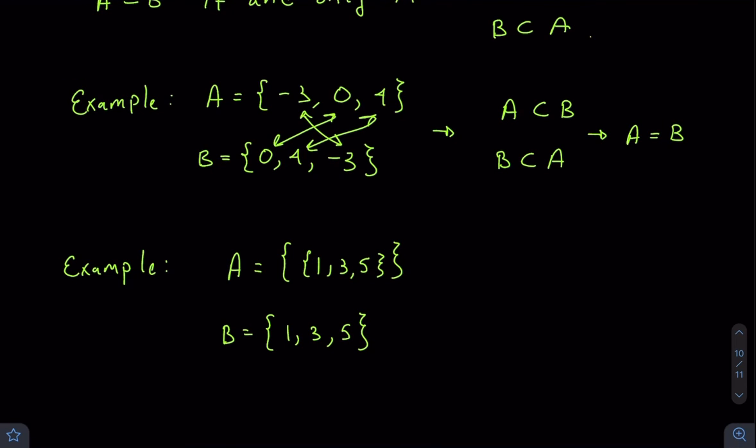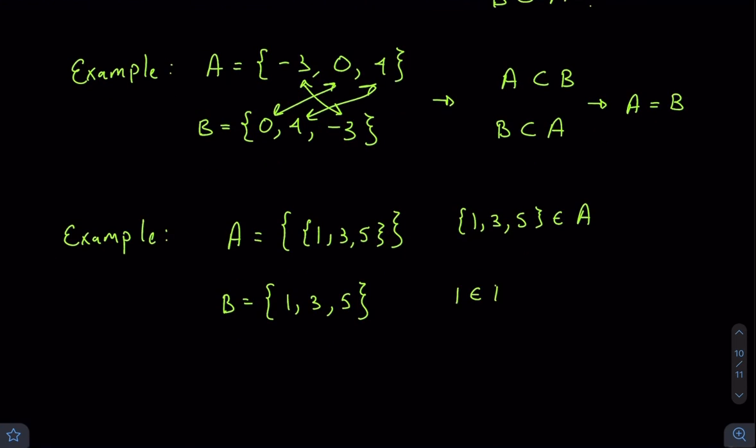At first, it might look like they contain the same elements, and then we could say that A is equal to B. However, if we take a closer look, set A only contains one object, which is this set, which is an element of A, and set B contains three objects. And if we compare the objects of B and A, we can see that actually neither of them share any elements in common. So A cannot be equal to B because none of them are subsets of the other.